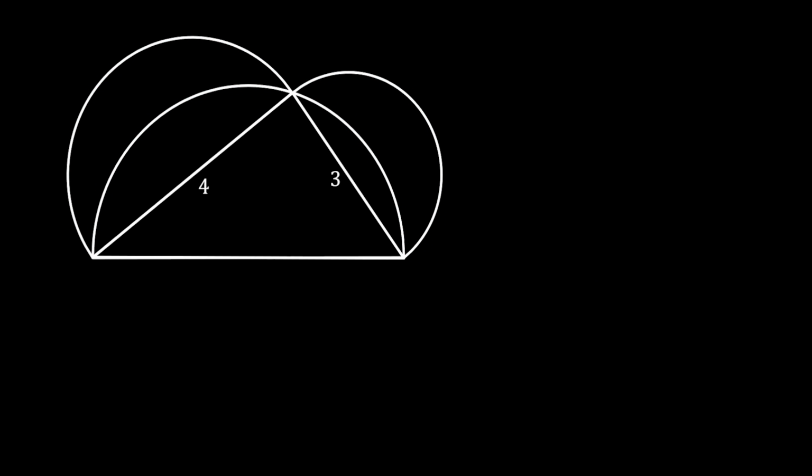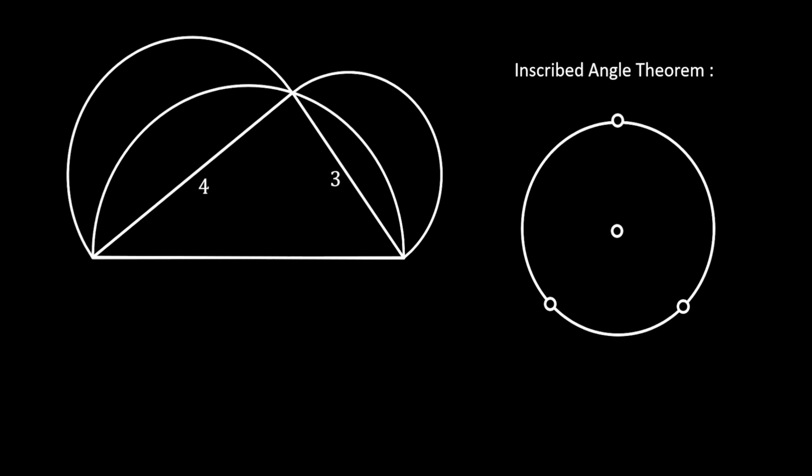So, in order to solve this, you first need to realize that our triangle is actually a right-angled triangle, and we can prove this by using the inscribed angle theorem. This theorem states that an inscribed angle inside any circle is 2 times smaller than the central angle that subtends it.